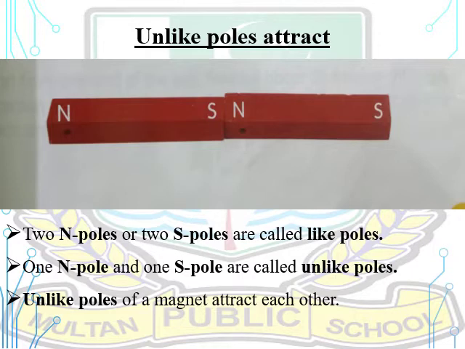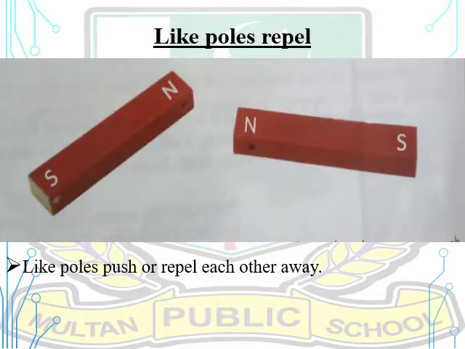And this is very important that unlike poles of a magnet attract each other. Like poles repel. Like poles push or repel each other away.